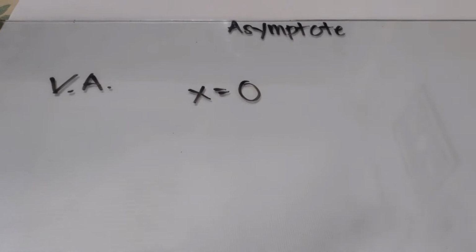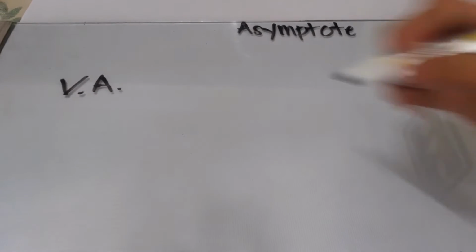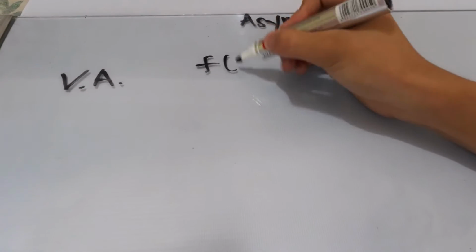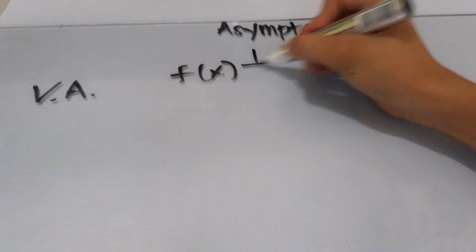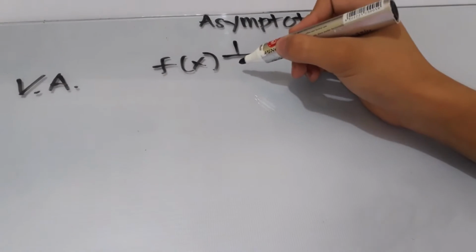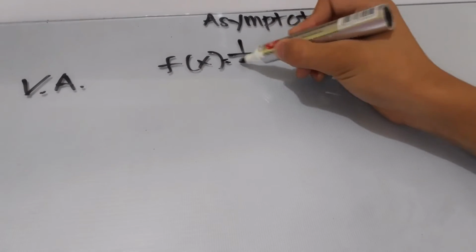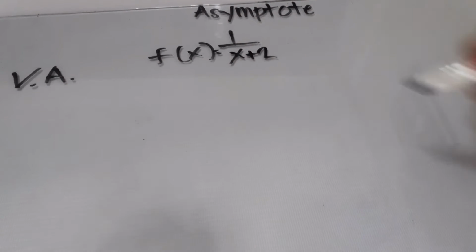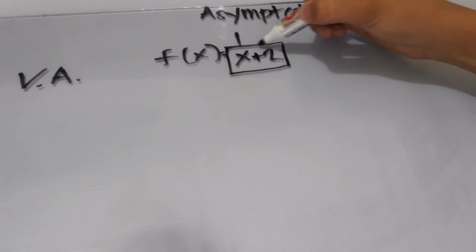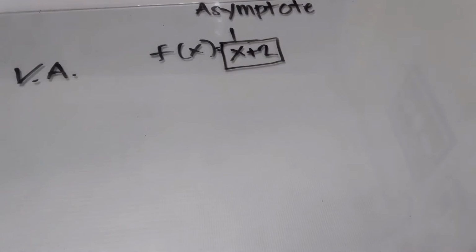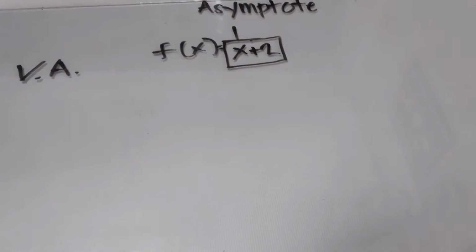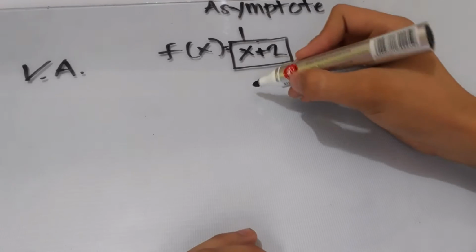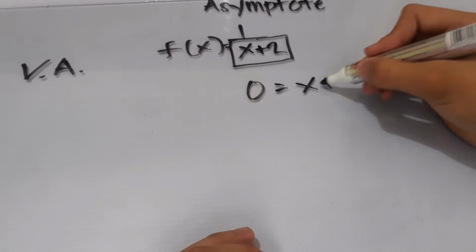For example, let's take the first equation, which is f of x is equal to 1 over x plus 2. How do we do it? We simply equate the denominator to 0. So 0 is equal to x plus 2.